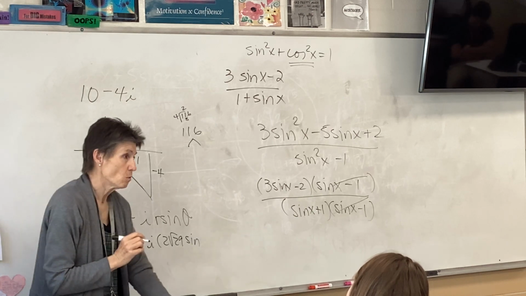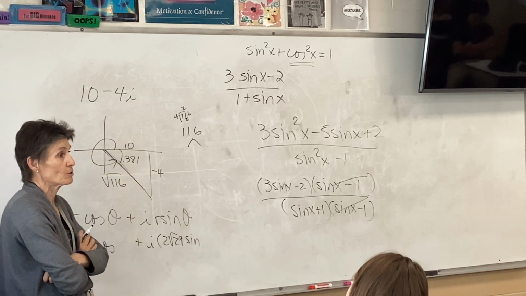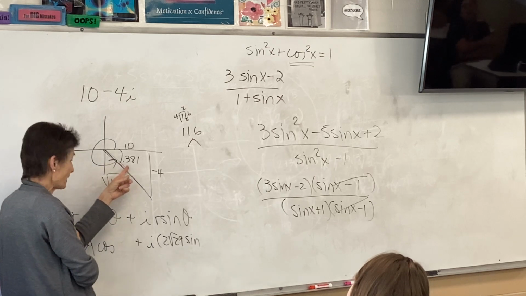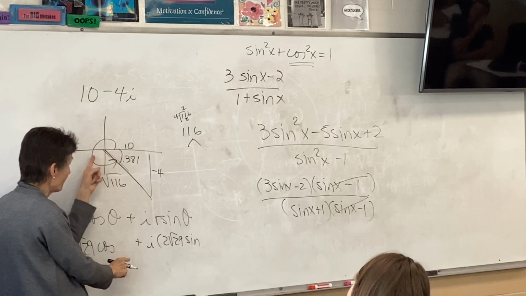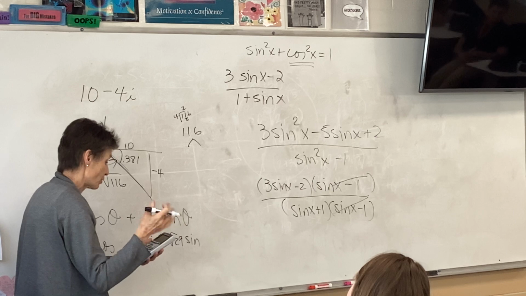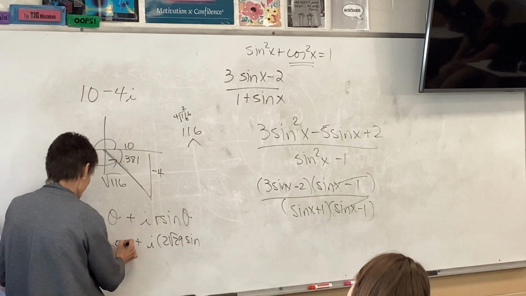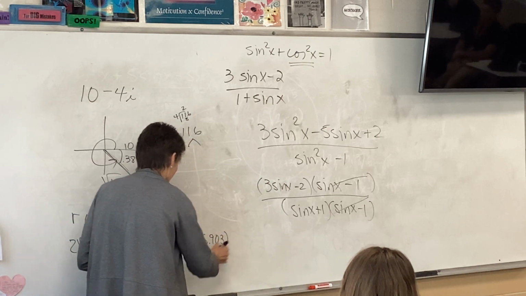In polar form, we need the standard position angle between 0 and 2 pi. So that's 0.381, that's fine, but I need this one. This is the one that's going to go here, so how am I going to find that? 2 pi minus it. So this is 5.903. And there's your answer.